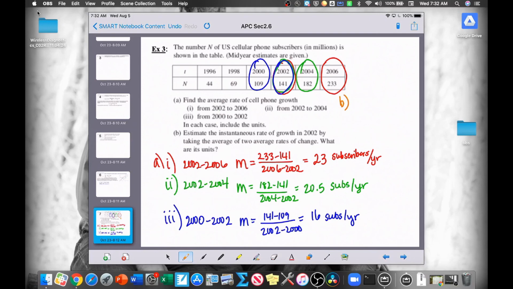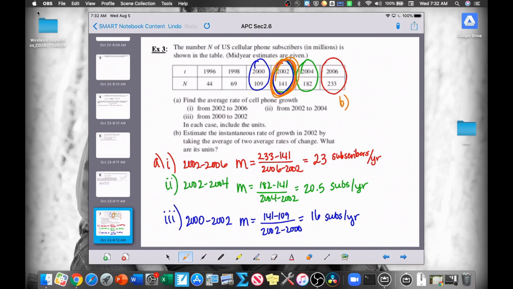We found the slope between 2002 and 2004, and the slope between 2000 and 2002, 3 different secant lines. Well, now they're asking us to find the instantaneous rate of growth in 2002. So they're really asking us, what is the slope when t is 2002?